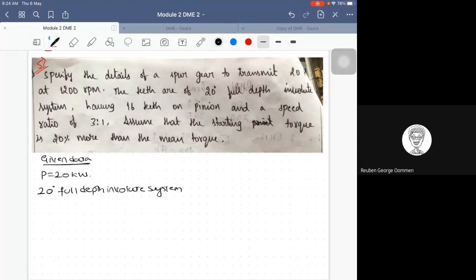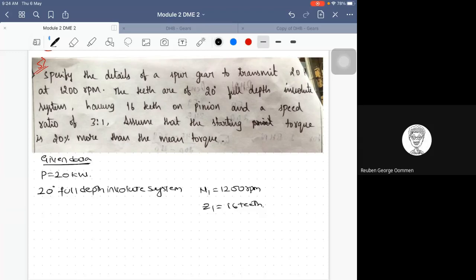So I will be having a gear and a pinion. N1 is 12,000 RPM. And for Z1, I have 16 teeth.